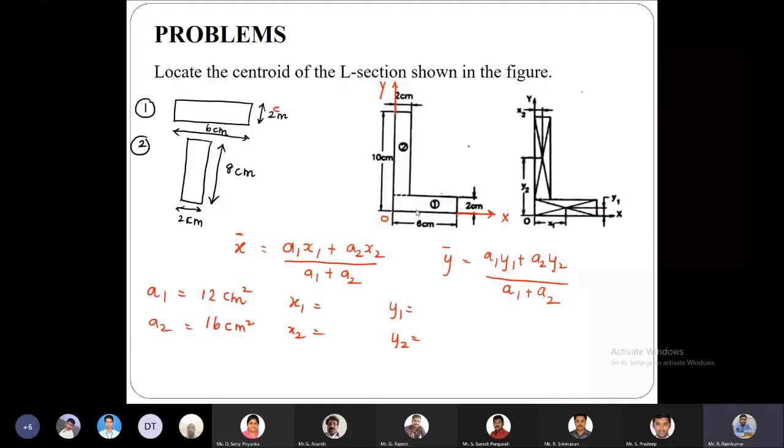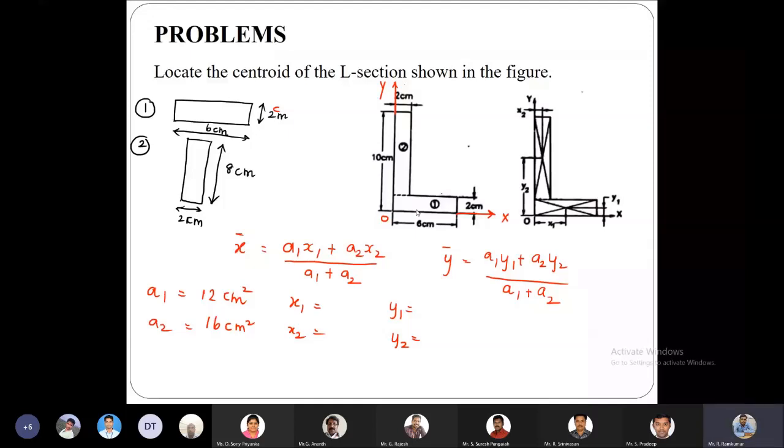For this, the formula will be like x bar is equal to a1 x1 plus a2 x2 plus a3 x3 minus a4 x4 divided by a1 plus a2 plus a3 minus a4.